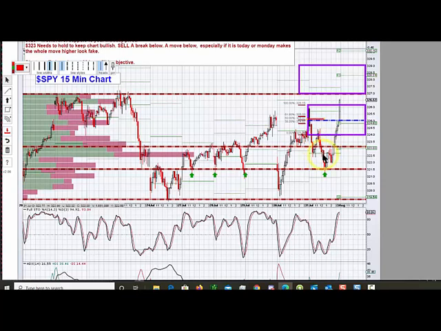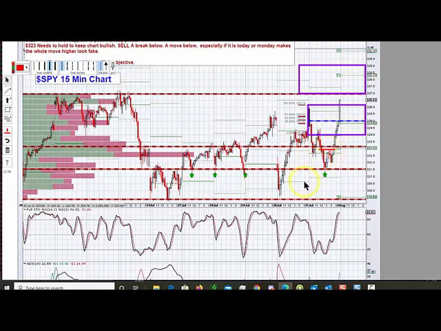Price fades some more. Takes out the lows. Time to move your stop. Okay. Price bounces. Puts in a baby swing high. You move your stop down.